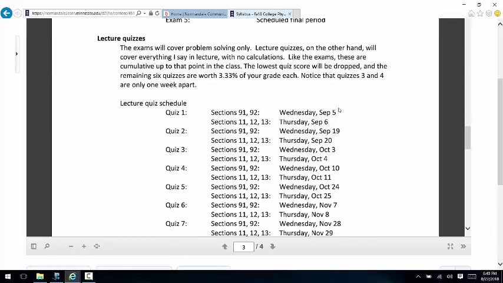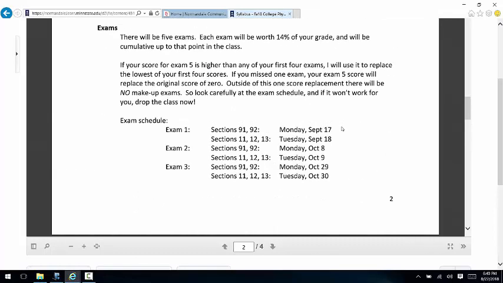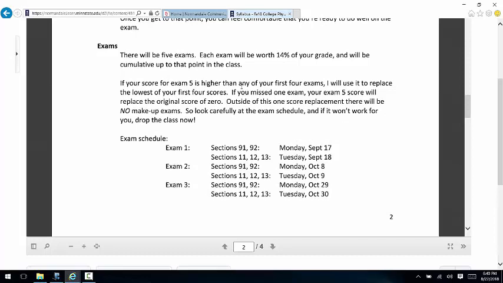Okay, the second part that makes up your grade is lecture quizzes. Oh, I didn't say this, but this is important. Every one of these exams is cumulative.